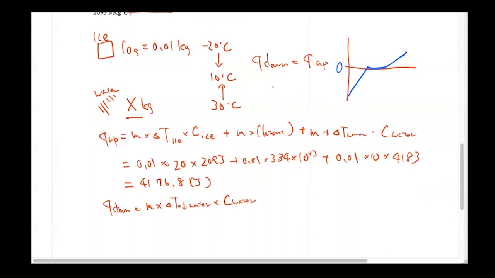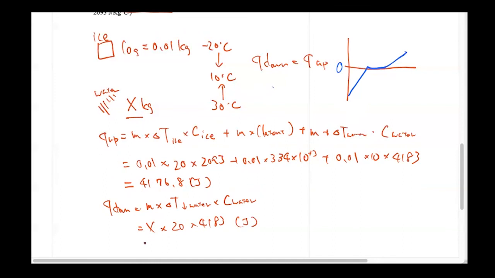And here the delta T is 30 subtracted by 10 Celsius degree. And M is not known, so let's put X here. X multiplied by 20 multiplied by 4183. And this is going to be joule.